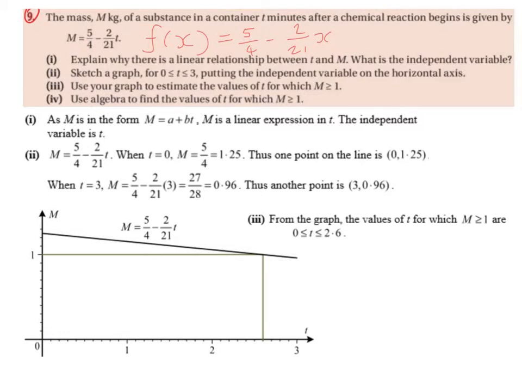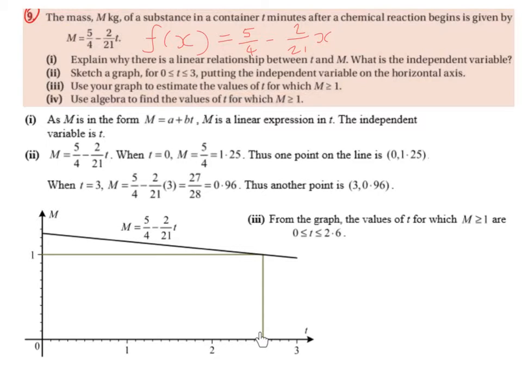And if we look closely at our graph, we can see at 0, m is definitely greater than 1 because it's above 1. If we move along to 1, m is still greater than 1. It's still above the 1 line, still above y equals 1, or in this case m equals 1. If we move on to 2, we can still see that we're still greater than 1.